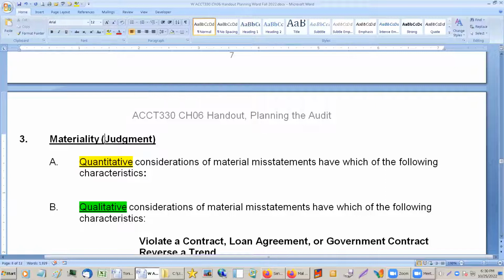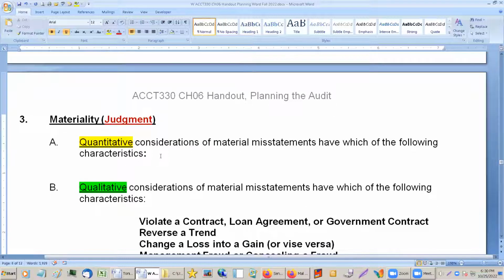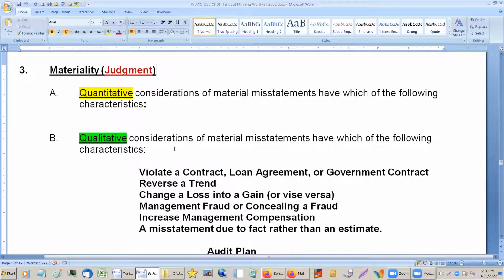I know that with all the computers we have, you think that this wouldn't be so much of a judgment, but it is. Everything in auditing really is a judgment call. And materiality is no different.